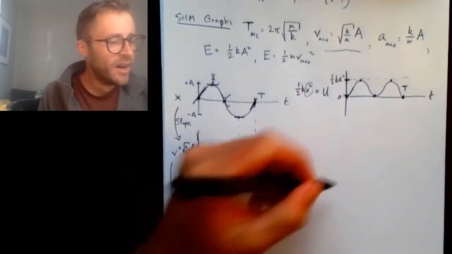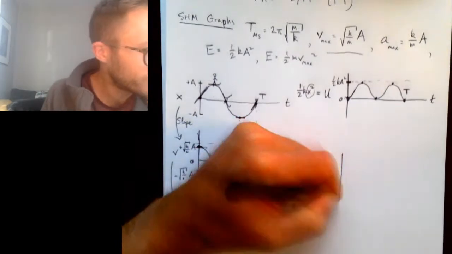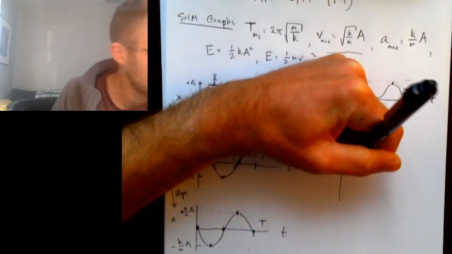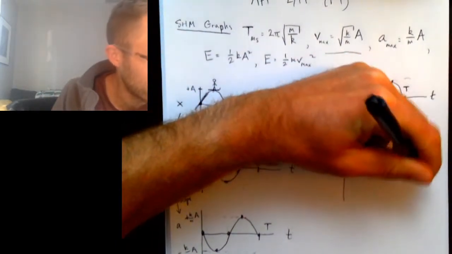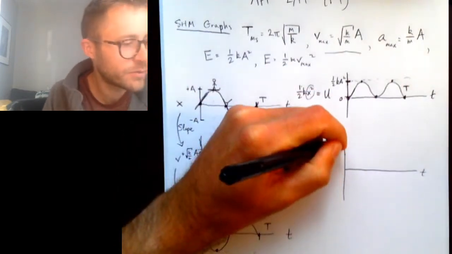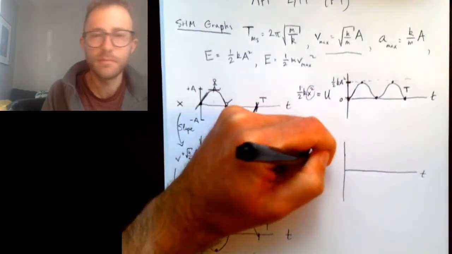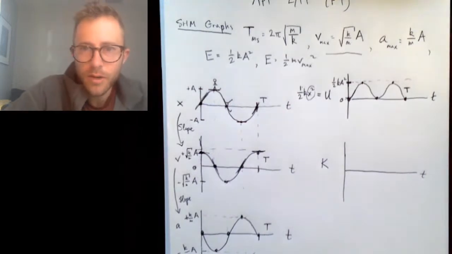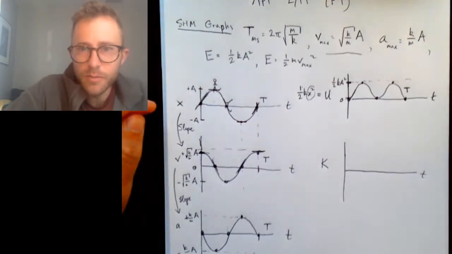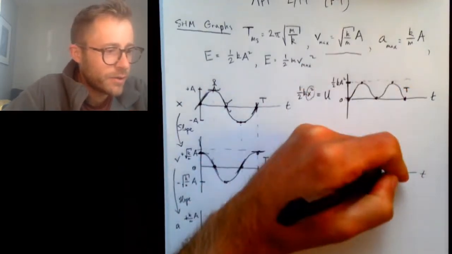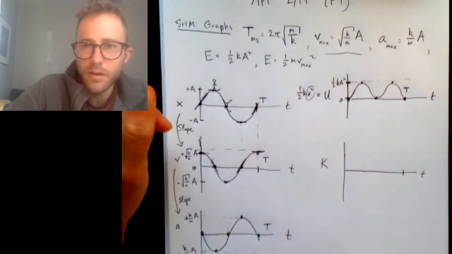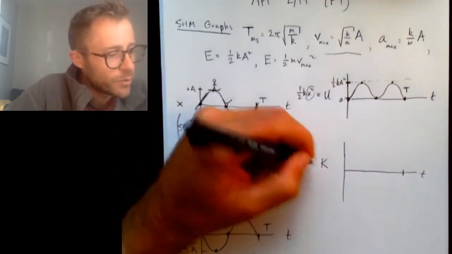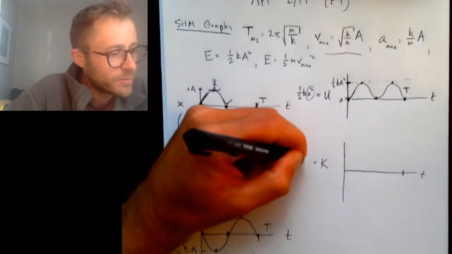So now you might guess we are going to graph the kinetic energy as a function of time. All right. Now the formula for kinetic energy is 1/2 mv squared.